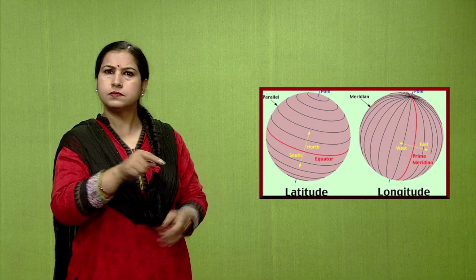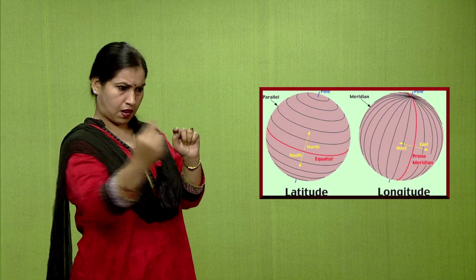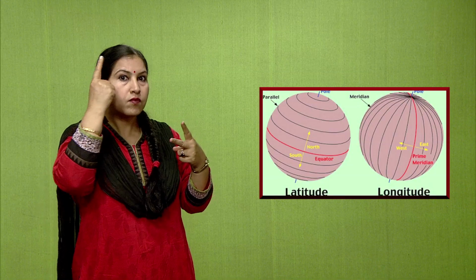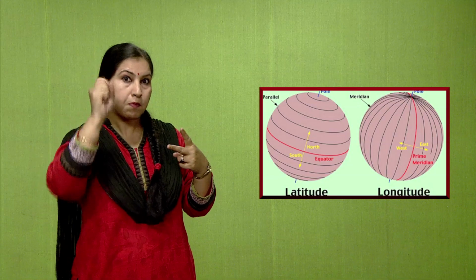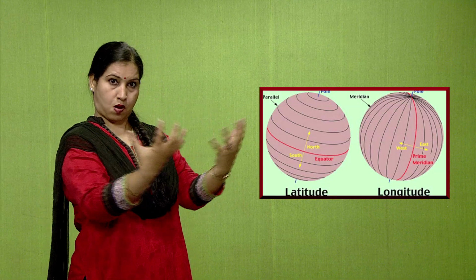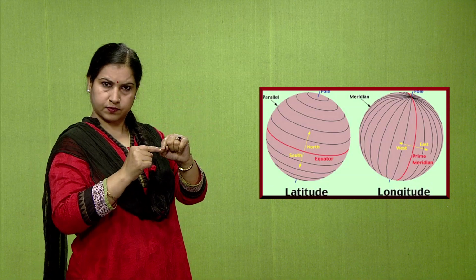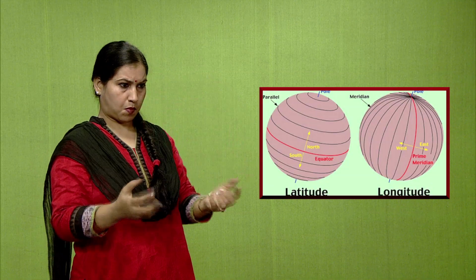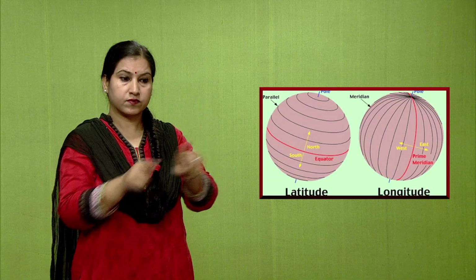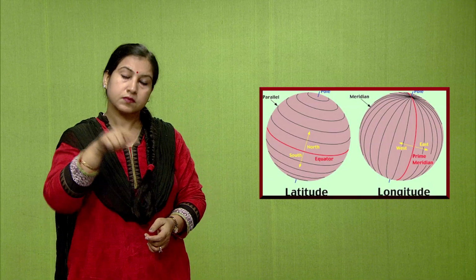There are two standard latitudes and longitudes for the purpose of understanding, and we all must remember this if we want to understand the absolute location. We were discussing two standard lines.